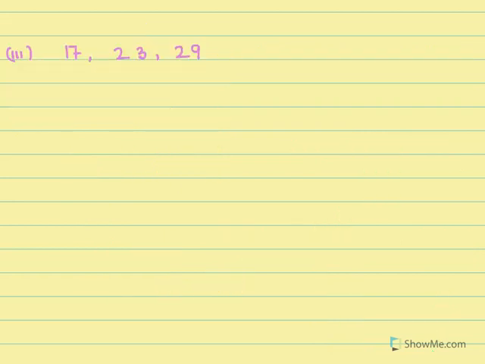Next we have to find the HCF and LCM of 17, 23 and 29. So first step is to do the prime factorization. So 17 is 17 into 1. We cannot factorize it further. 23 into 1, we cannot break it up further. 29 into 1.